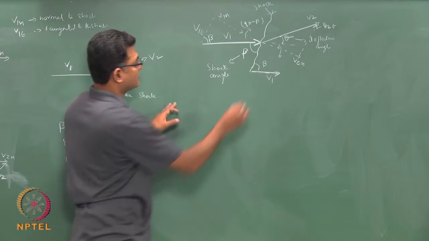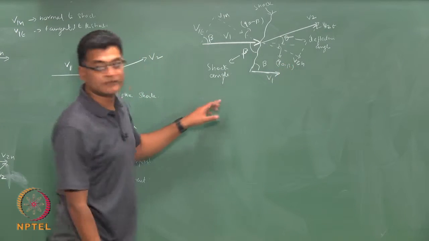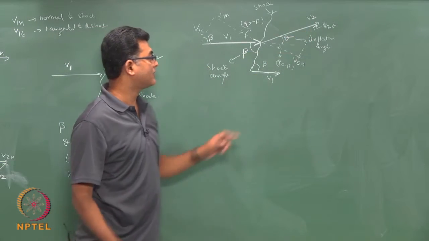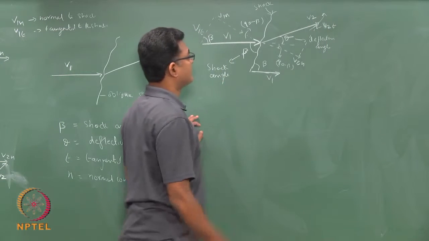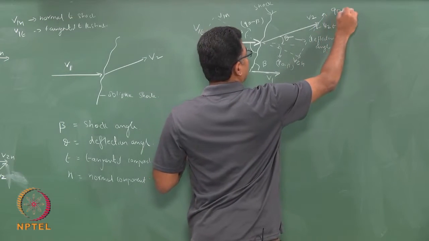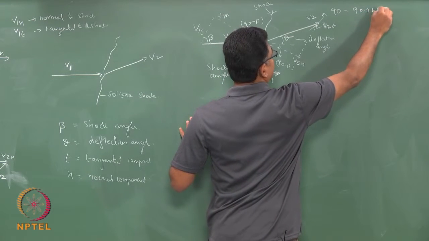So, this is 90 minus beta. So, this would be 90 minus beta plus theta.